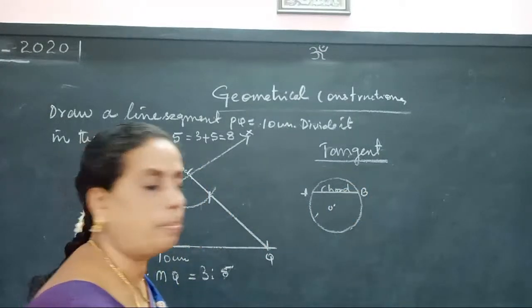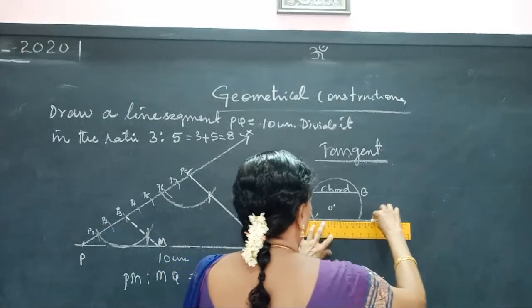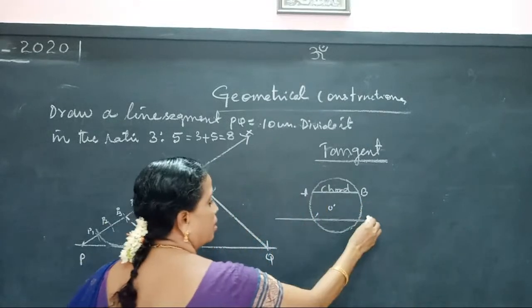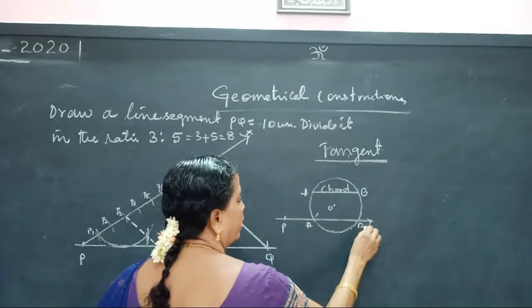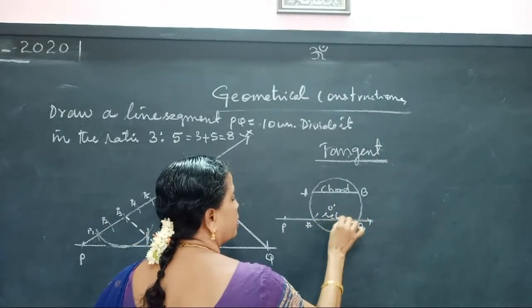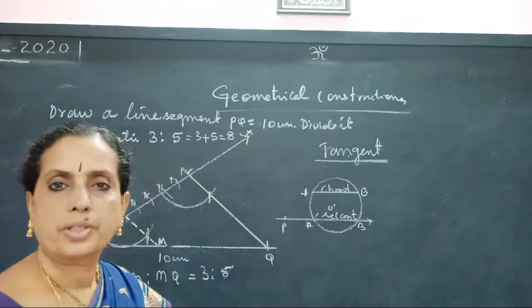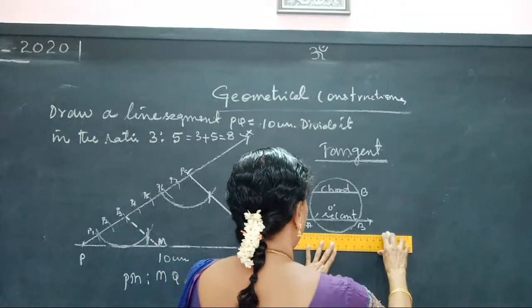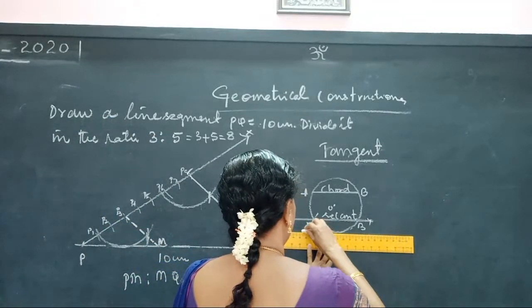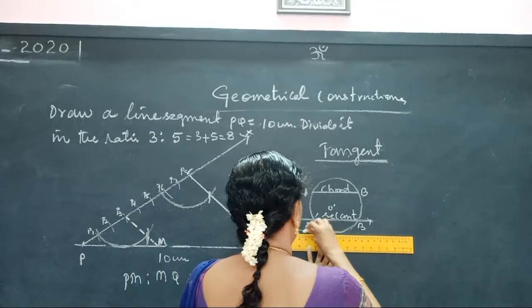Suppose I draw a line intersecting the circle in 2 distinct points, it is a secant. Now, I will draw another line which touches the circle at exactly one point.